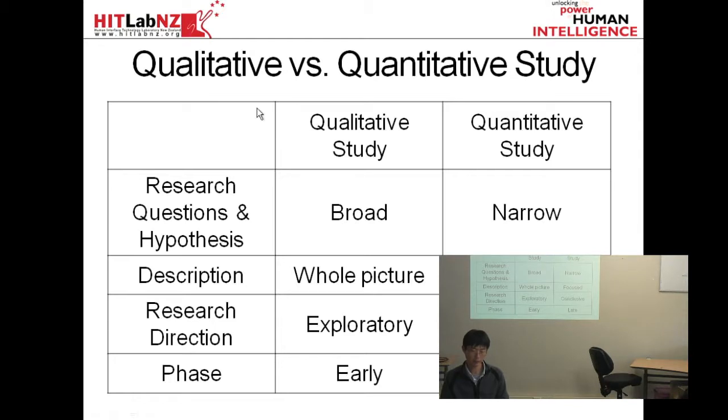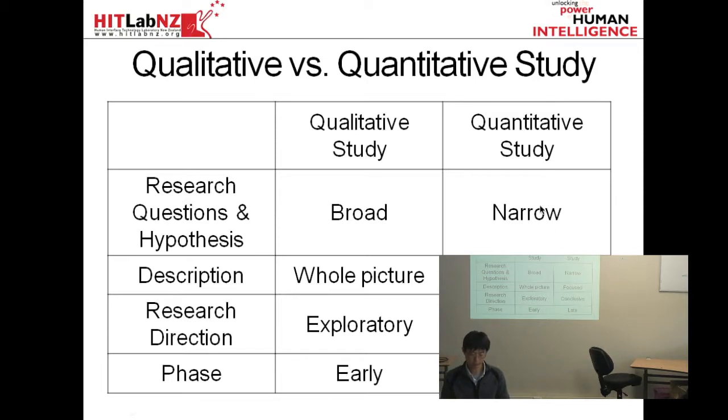And sometimes we also categorize the studies in terms of what kind of feedback you are mainly gathering. Sometimes we say this study is a qualitative study when you are gathering more qualitative feedback rather than quantitative feedback. And we call a certain type of study method a quantitative study when you are focusing more on quantitative feedback, like time or so forth.